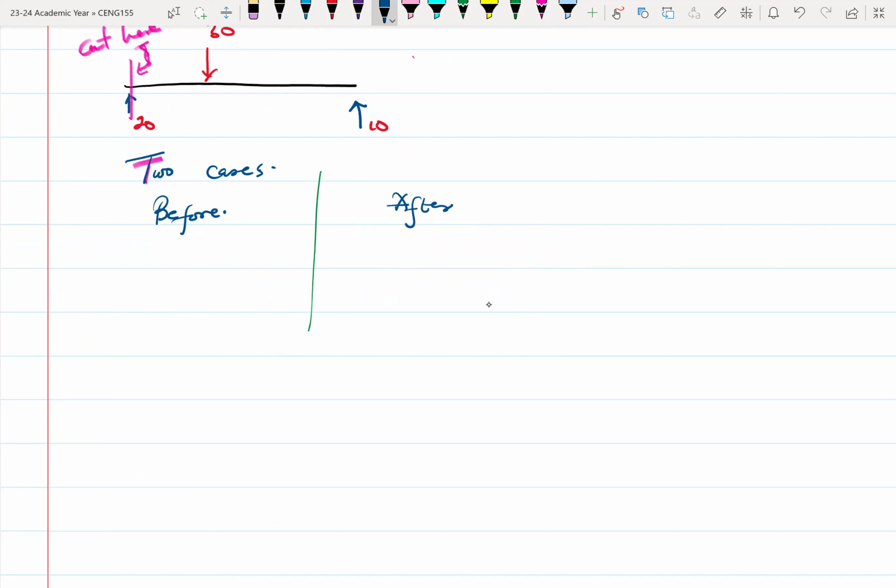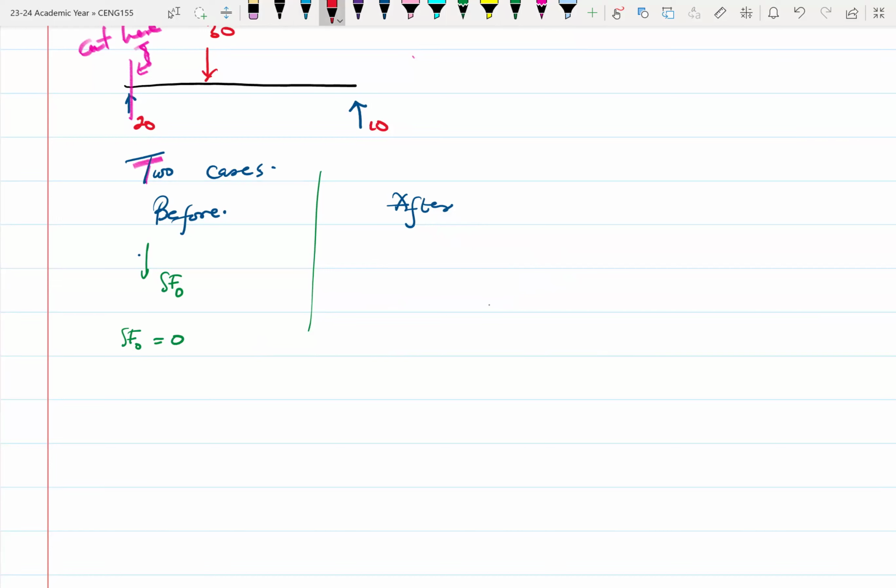If we cut a section before the 20 kilonewton load, it means that our shear force at that point will not have any value. So the shear force at 0, or the shear force at A, will be equal to 0.